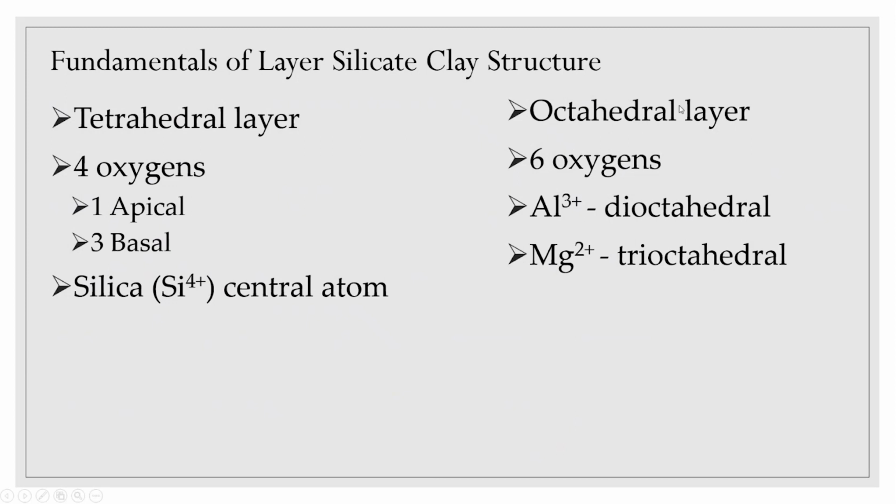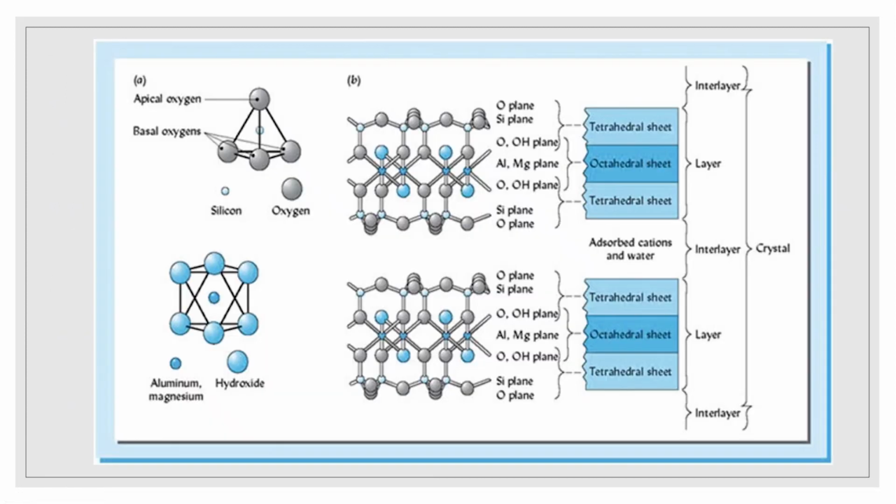For our octahedral layer, there will be 6 oxygens, and they will have either aluminum or magnesium in the center. All right, so let's take a look at that. Here we have our tetrahedron. We have our 3 basal oxygens and 1 apical oxygen. And in the center of that, we have our silica cation.